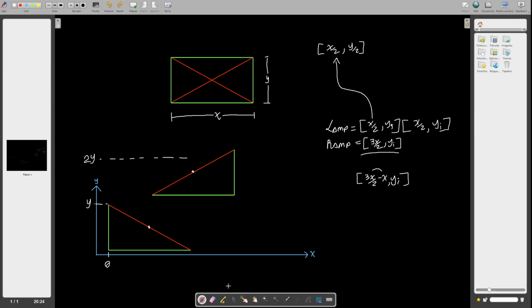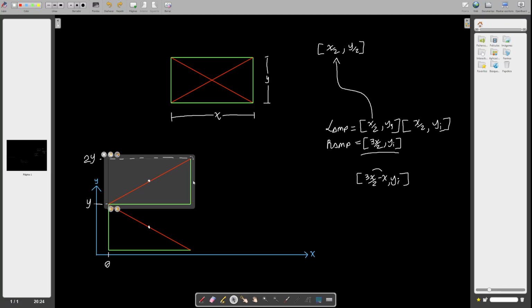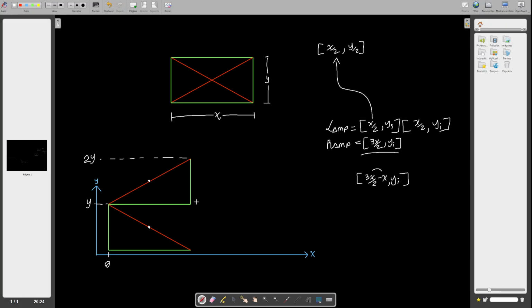And if I take my triangle from here and I need to make those corners match, this corner with this corner, I'm going to have to shift or move this triangle downwards by y units, right?